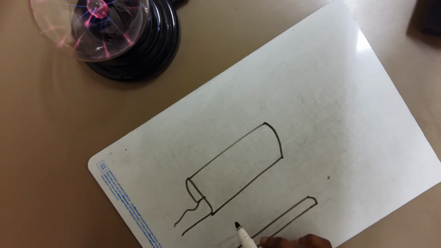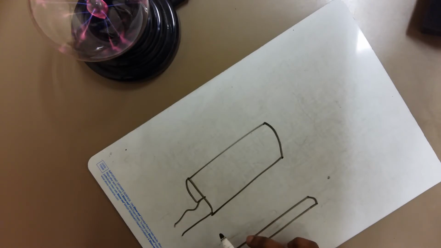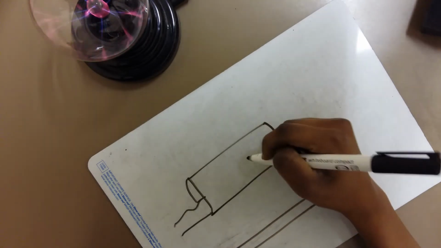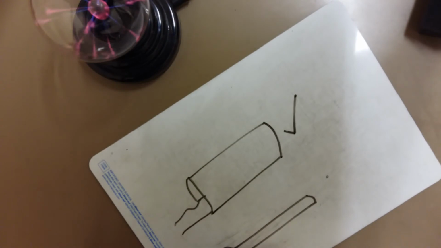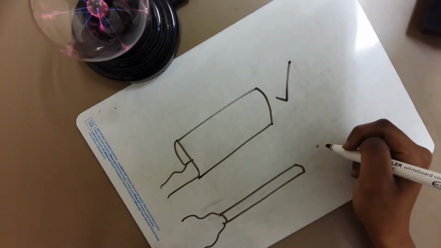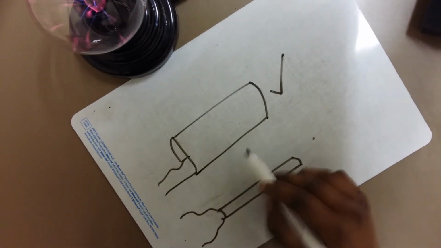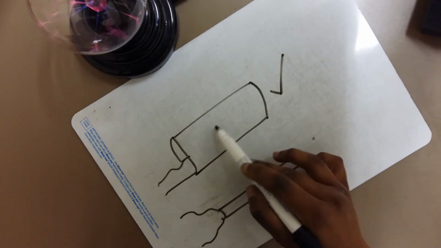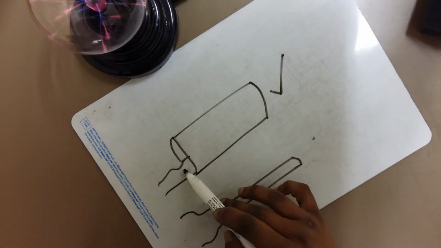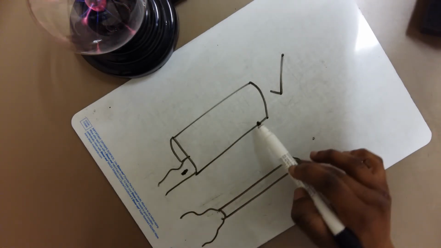Well, this one. Why? Because it's just easier for the water to move through this pipe, because there is less resistance to the water as it moves through.